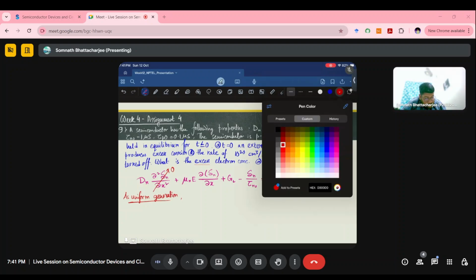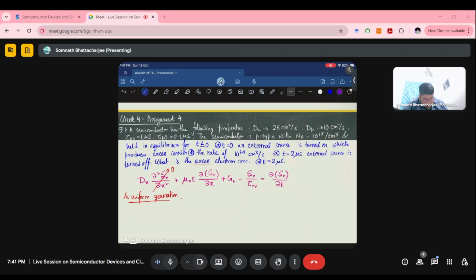Apart from that, we also have no applied electric field at that time, so E equals 0.